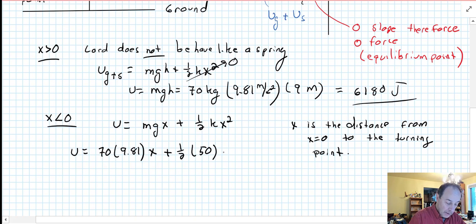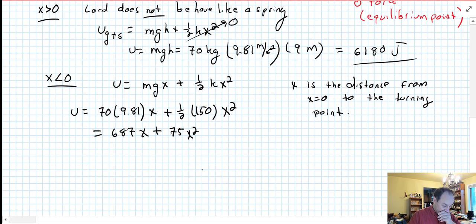I'm not going to put them in. X squared. Okay, so just to simplify this, this comes out to 687x plus, oh, this is supposed to be 150, plus 75x squared.